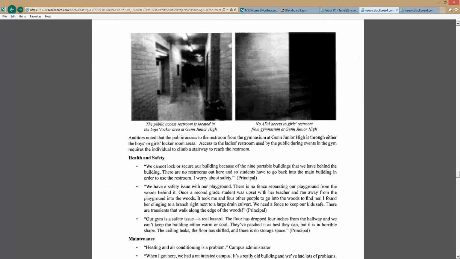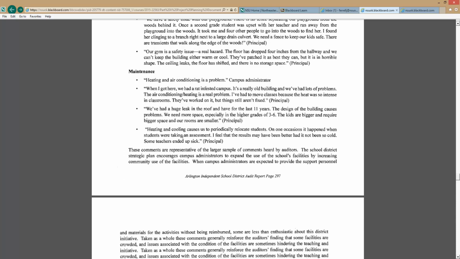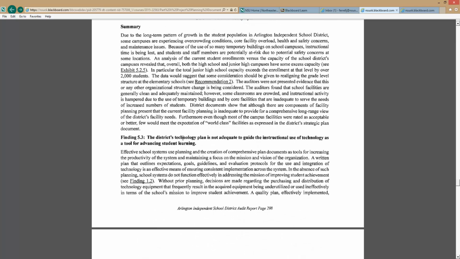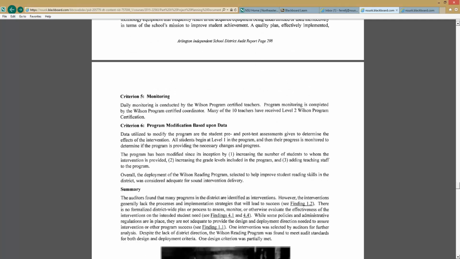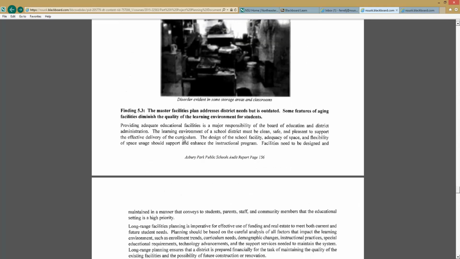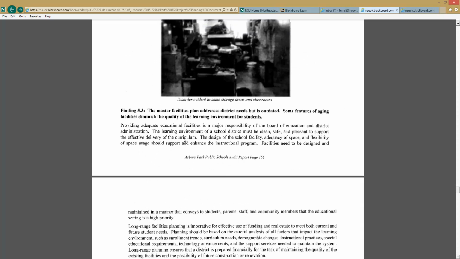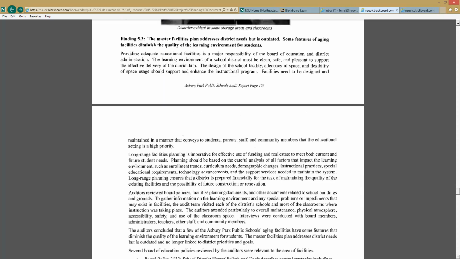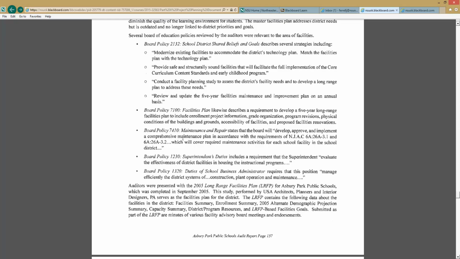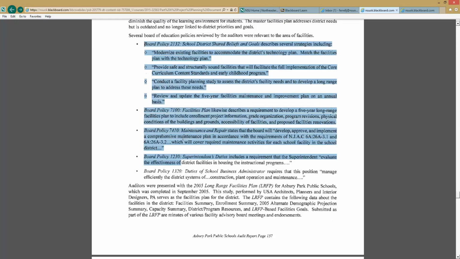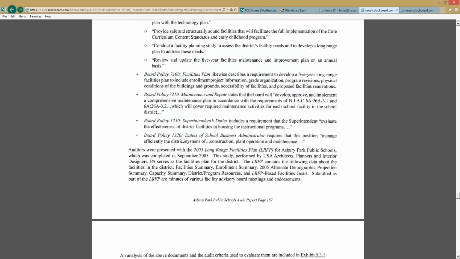So we can go down to the next one. That's still Arlington. Okay, this is in Asbury Park. Asbury Park is in New Jersey. And again, here's a list of the policies they used. So they had board policies that they reviewed.